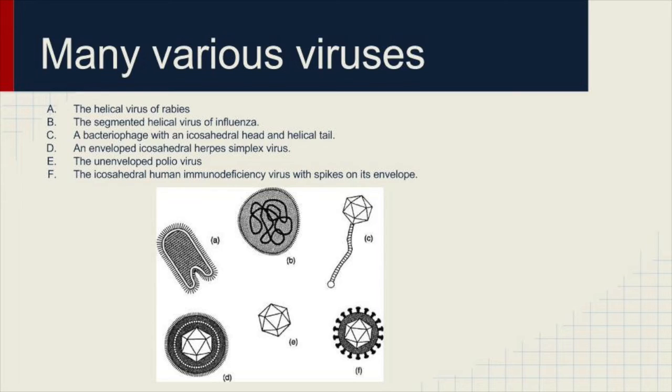For D, it's an enveloped icosahedral herpes simplex virus. As you can see towards the bottom of it, you could see where it would attach itself to the host, and at the top is the capsid, where it contains the DNA or RNA. And the E, the unenveloped polio virus, and the F, which is the icosahedral human immunodeficiency virus with spikes on its envelope.